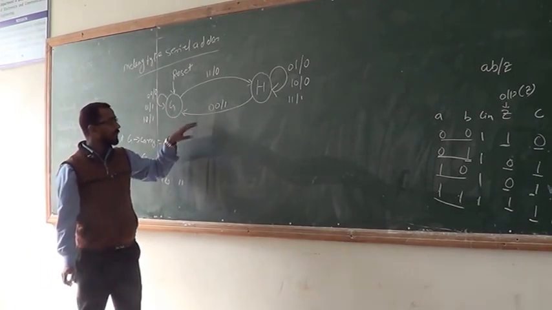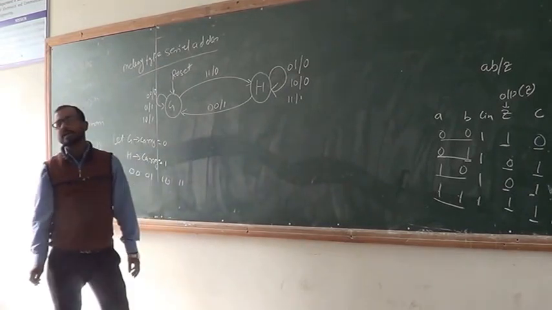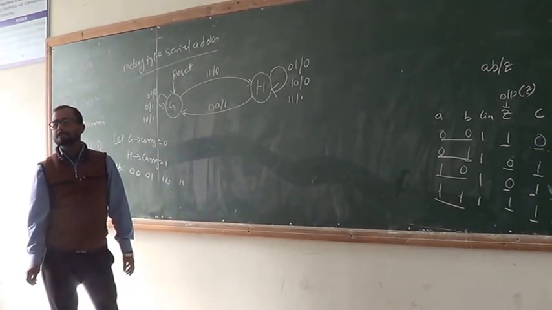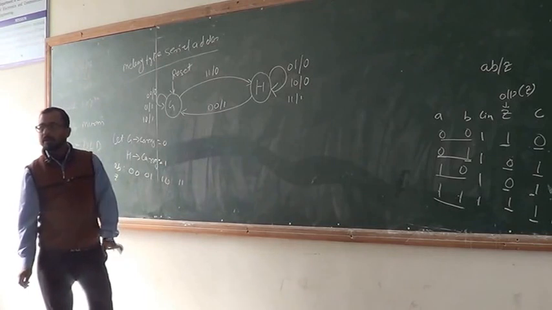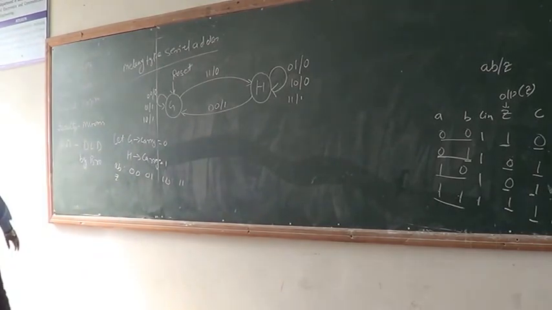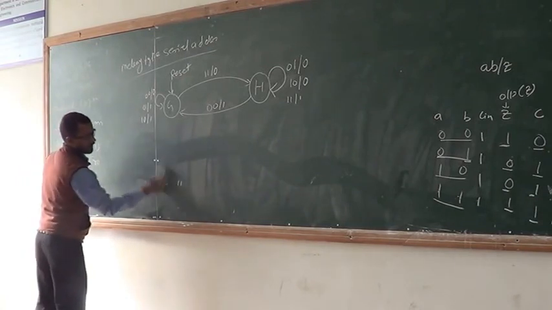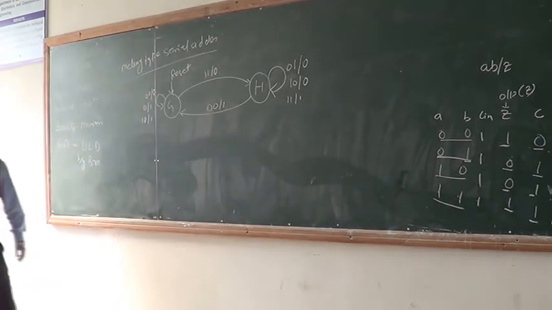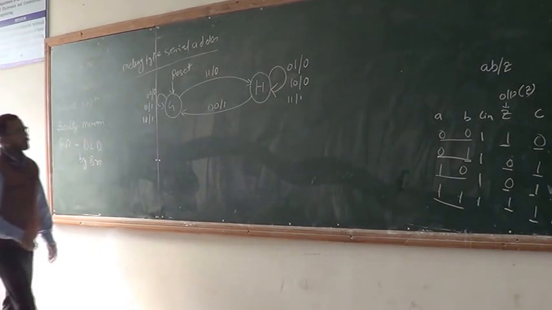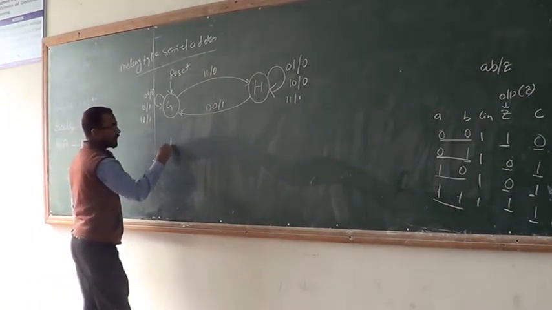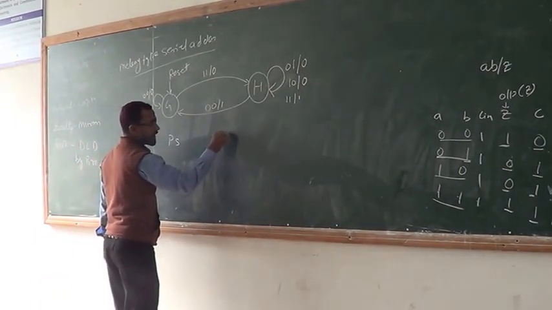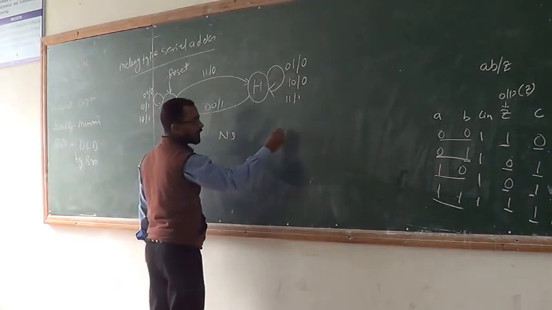Now with the help of the state diagram, we are going to make a state table. Okay. The state table has the present state, the next state, and the output.